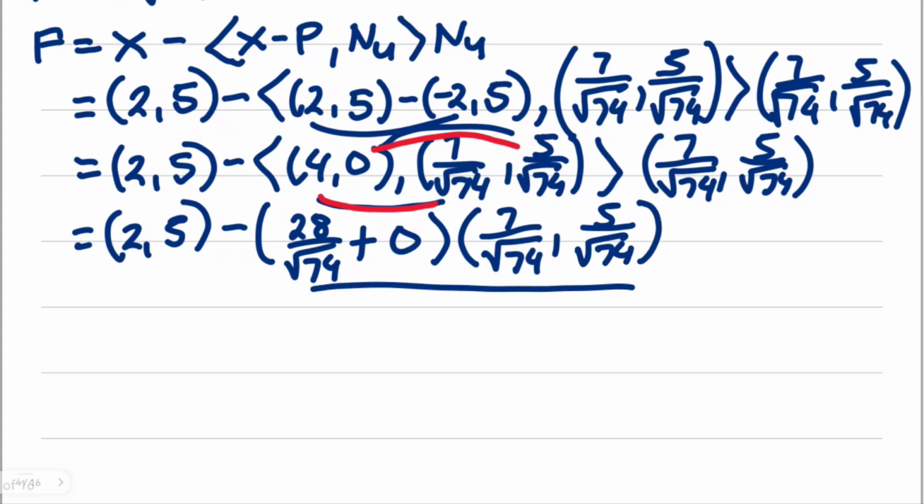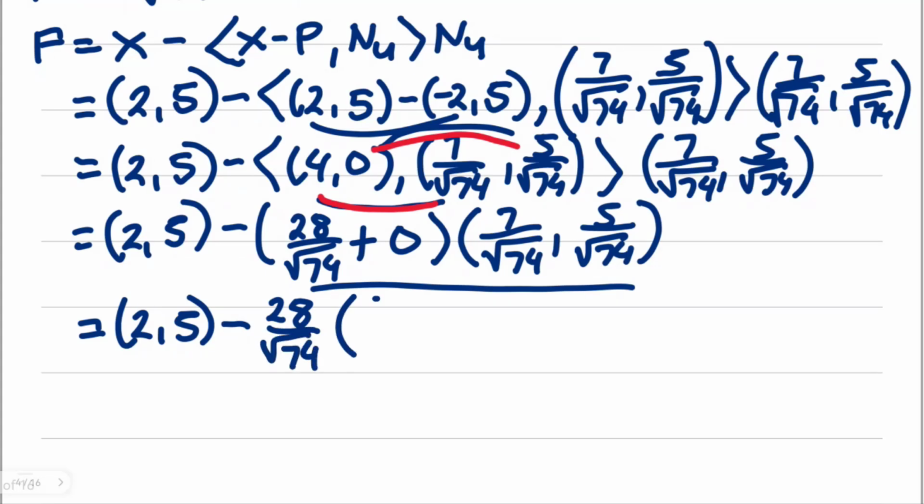When we multiply, take note, it's a scalar. Now it becomes 28 over square root of 74 times your unit normal vector.